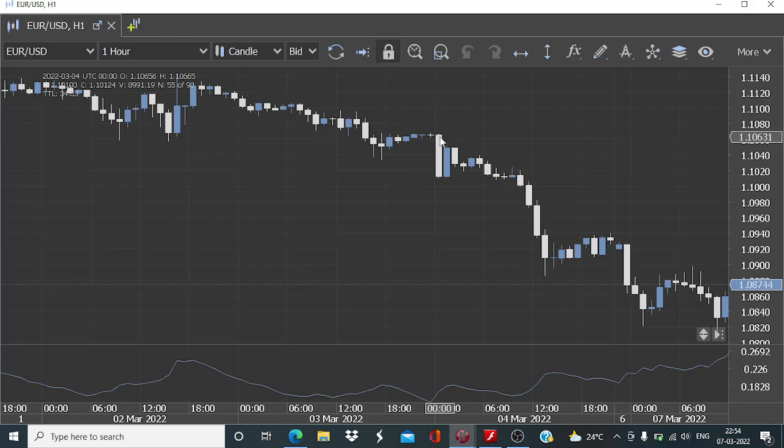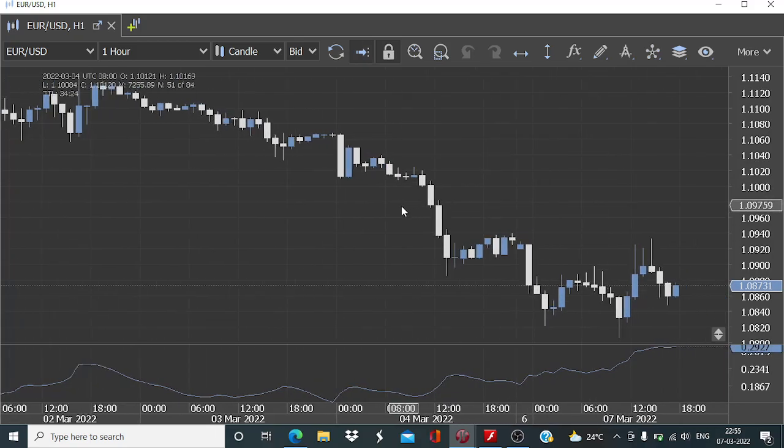We will be taking the difference between the highest point and the lowest point, and we will then divide it by 2, and the resultant value we will add to the lowest point of the last hourly candle, and that will be our entry point for the sale trade, provided the difference between the closing value and the opening value of the last hourly candle is more than half the difference between the highest and the lowest point. So that will ensure that the selling momentum was sustained. Okay, so these are the requirements.